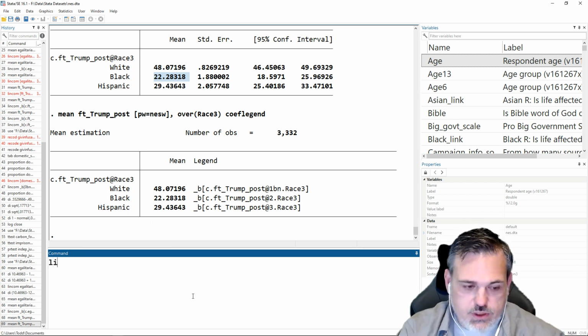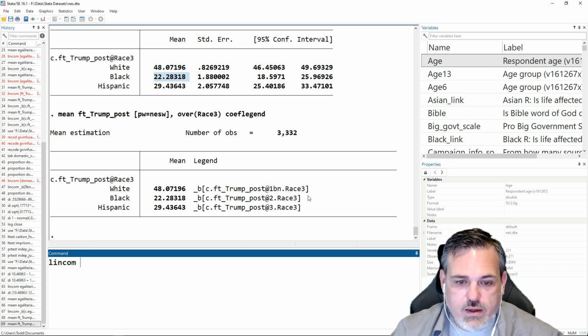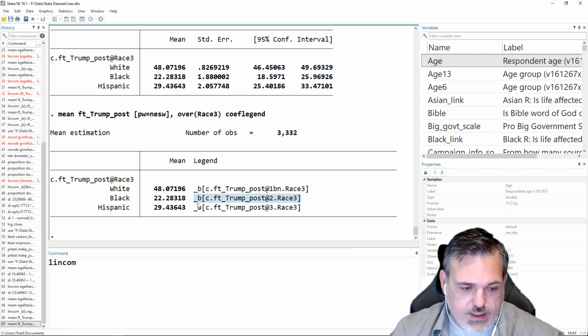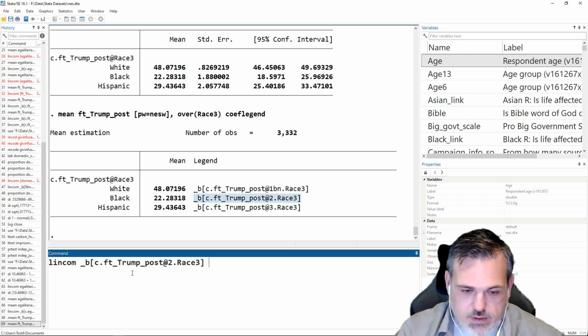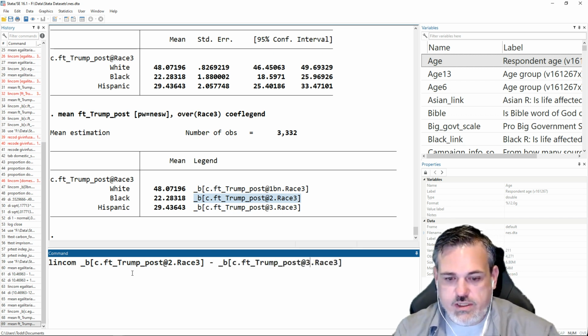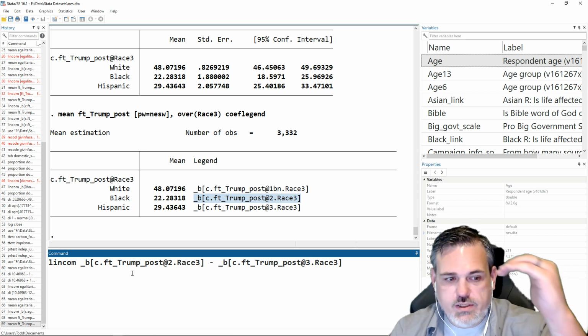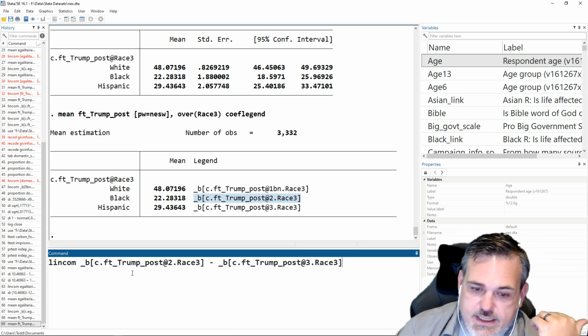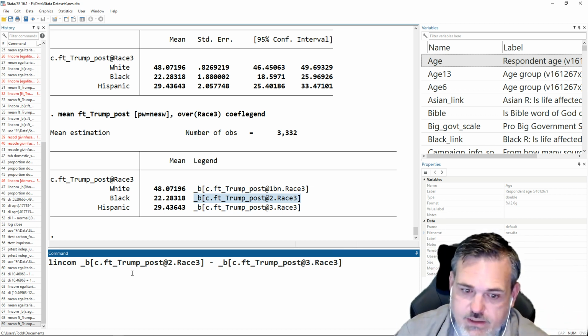So we're just going to type lincom, copy this one, minus, and we'll do it again because all we have to change here is the 3. So we're subtracting black from Hispanic to see if there's a statistically significant difference between the two.